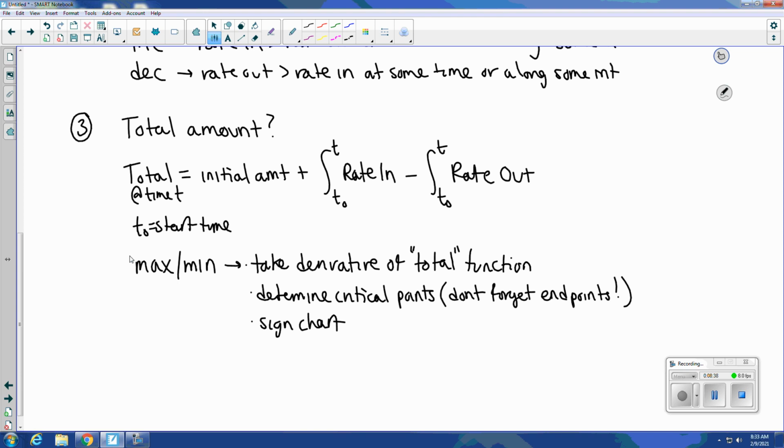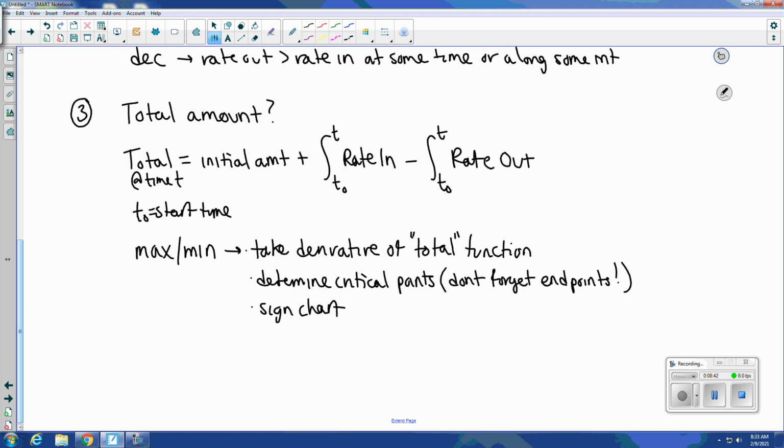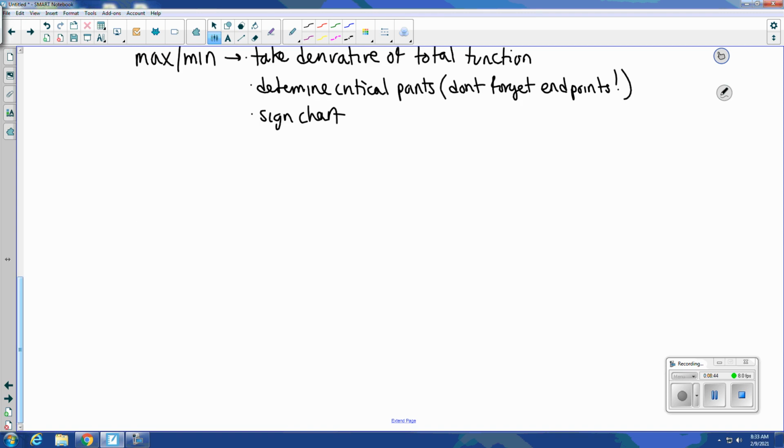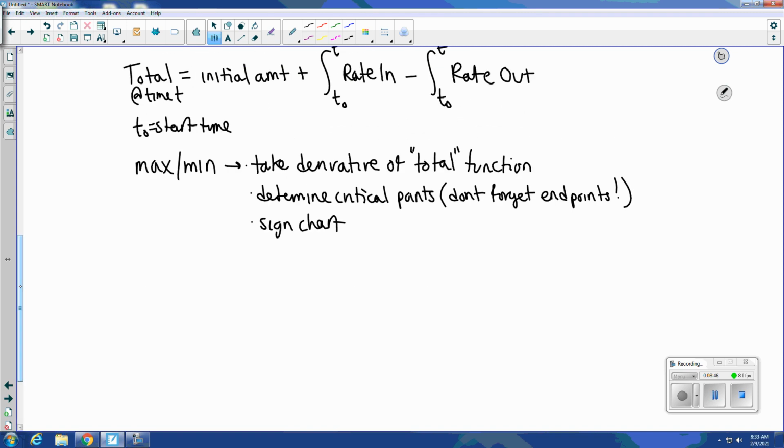Now, I'll often ask you, what is the max or min amount? So if it asks you, when does the max or min occur? We know that we can get our answer by just looking at that t value in the sign chart from the critical points. But if it asks what the max or min is, so this will be when the max or min happens.